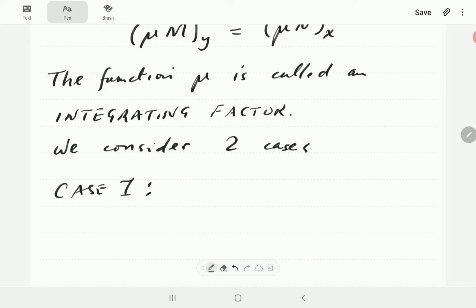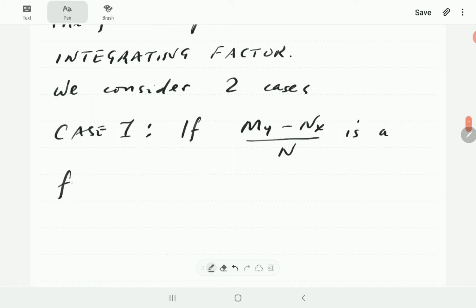This is going to happen if My minus Nx over N is a function of x only.